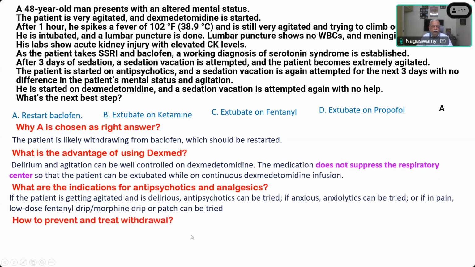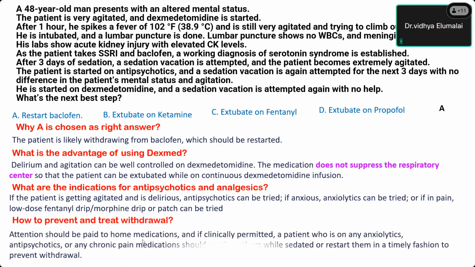How to prevent and treat any withdrawal syndrome? Multidisciplinary. First of all, attention should be paid to home medications. You must know what medications he has been taking, whether they have been clinically permitted, and whether the patient is on any anxiolytic, antipsychotic or any chronic pain medication.